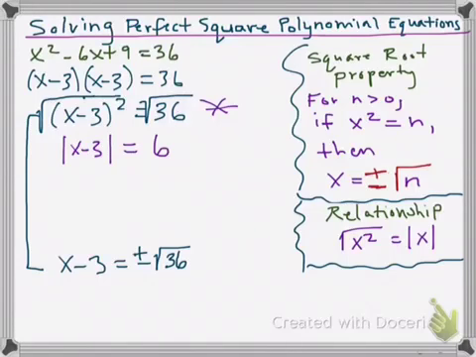And then from there, the definition of absolute value says that we have two cases. We have either x minus 3 equals 6, or x minus 3 equals negative 6, opposite 6.